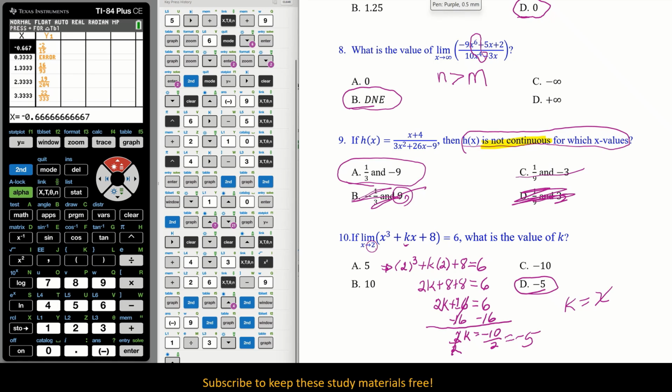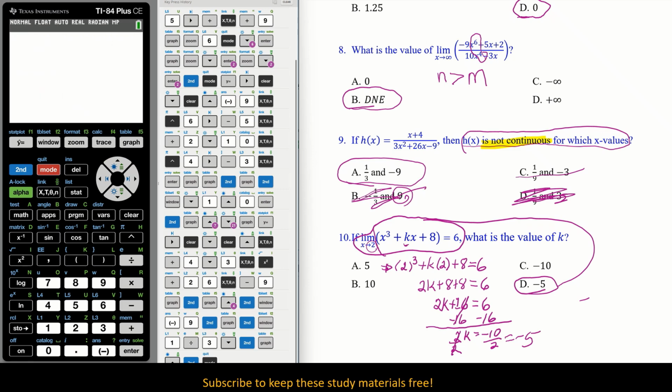Or even a better option, now that we see the -5, put that -5 in for the k, just to double check it. And then we'll go to where 2 is and check the 6. Let me show you. I think I'm being too confusing, too cryptic.